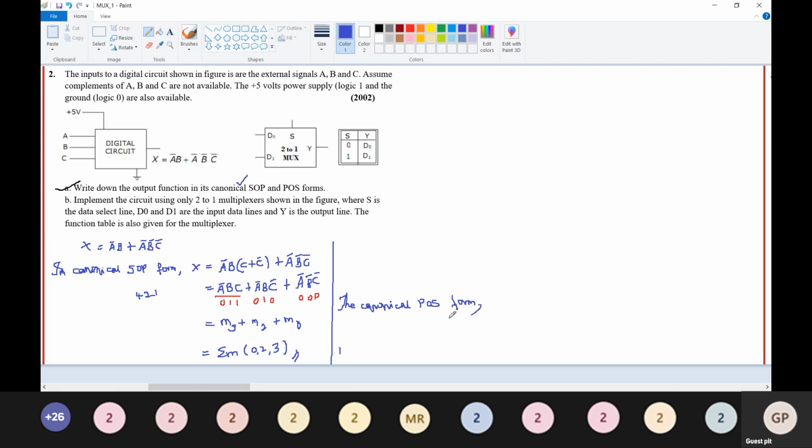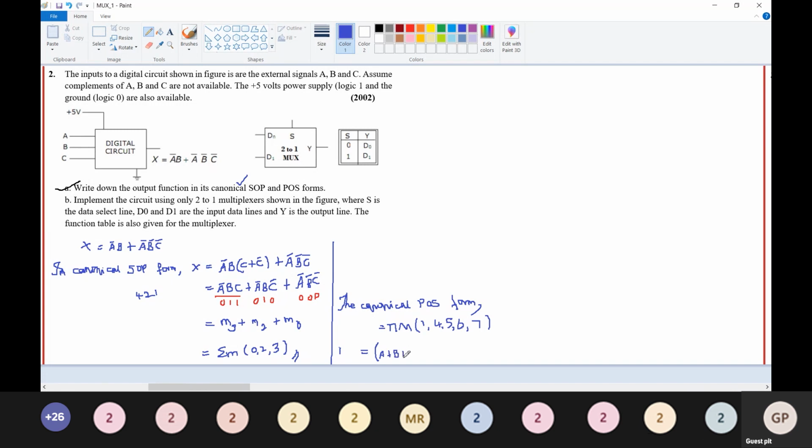Canonical POS form, we are going to write this as the product of M. So 0 is written, 1 is not written, 2 is here, 3 is here, and 4, 5, 6, and 7. So the maxterms are 4, 5, 6, 7. Write the required expression for this.